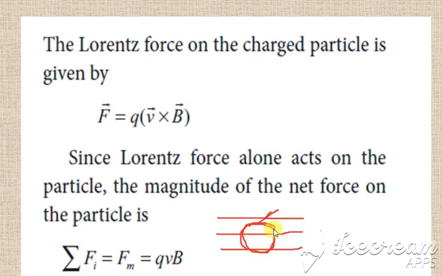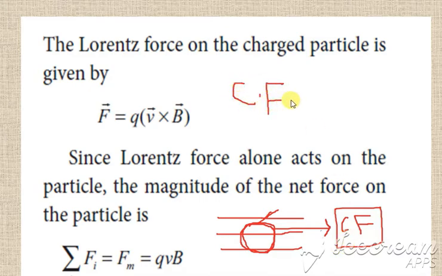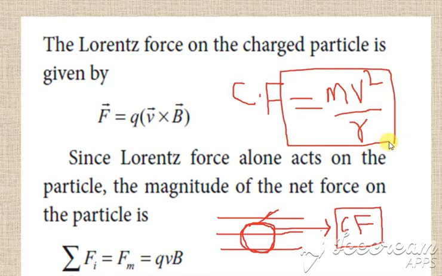Whenever any particle is moving in a circular path, it experiences a force. What force is it? It is called the centripetal force. So that force is said to be the centripetal force. Now we are going to take the formula for centripetal force. What is the formula for centripetal force? It is given by F is equal to mv square divided by r. So this is the formula for centripetal force.